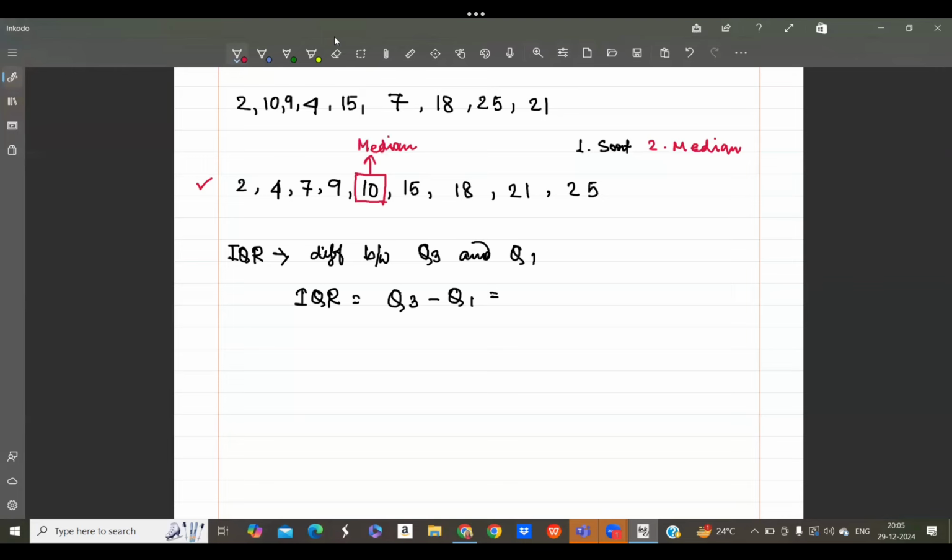Now you have a left side part and a right side part. You have 4 data points on each side. Now you need to find the median of the left side and the median of the right side.